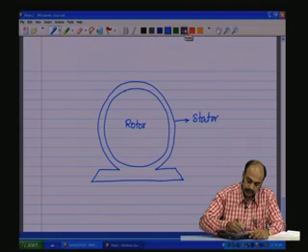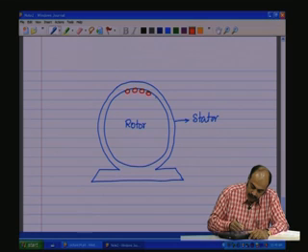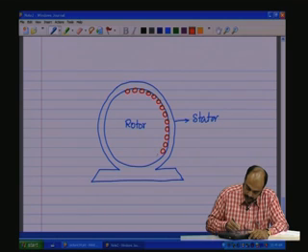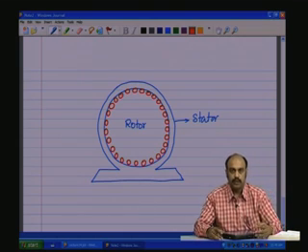Now, the rotor has conductors all around its circumference. In the squirrel cage induction motor, the conductors are shorted at both ends, such that the rotor looks like a squirrel cage.